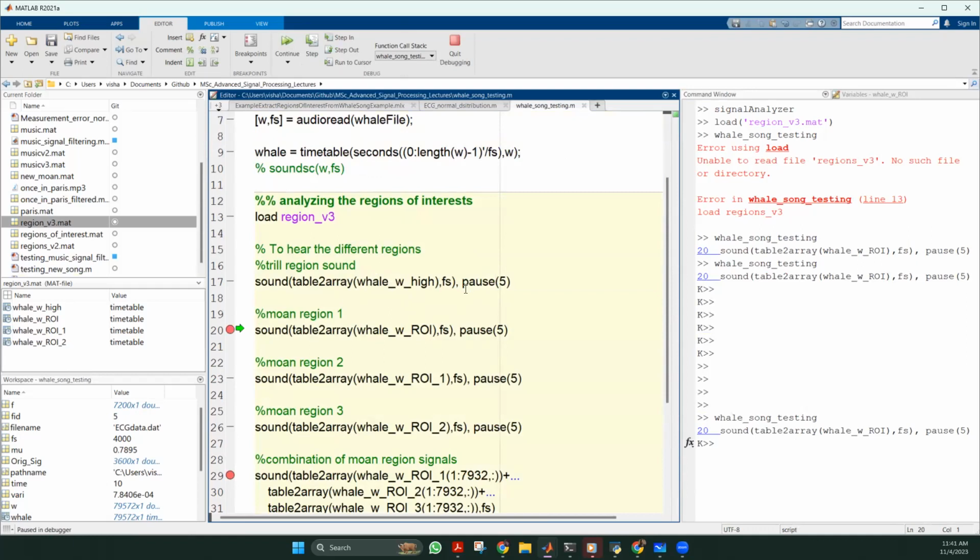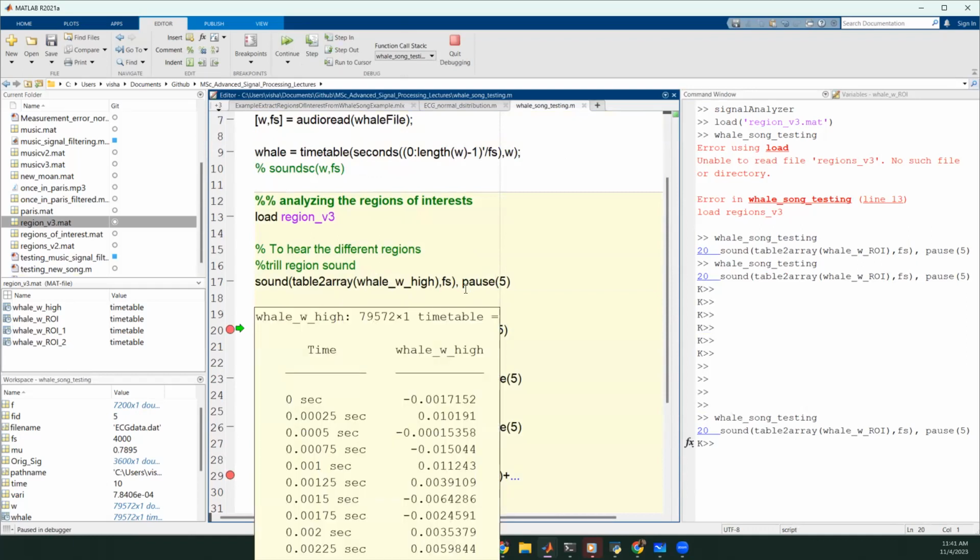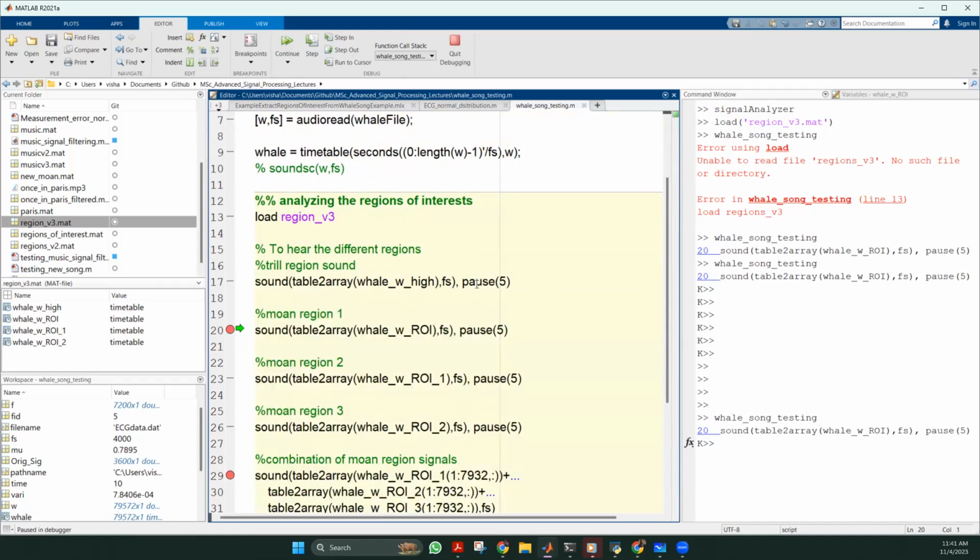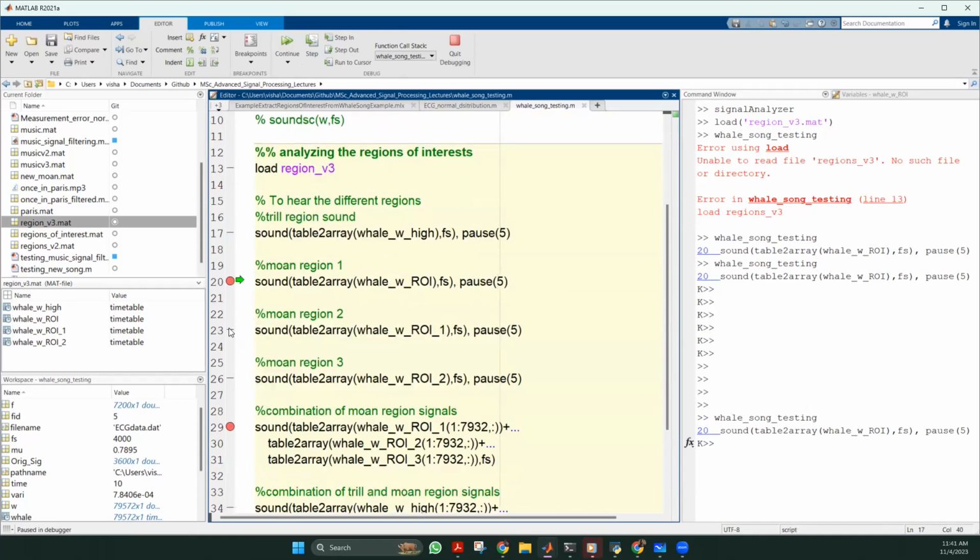The high pass component has a lot of high frequencies. In the next signal components, you will hear it will have some low frequencies.